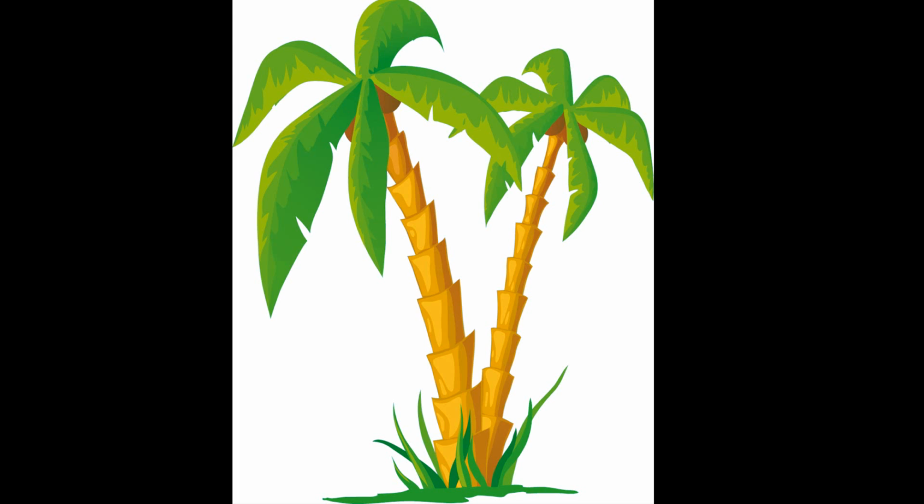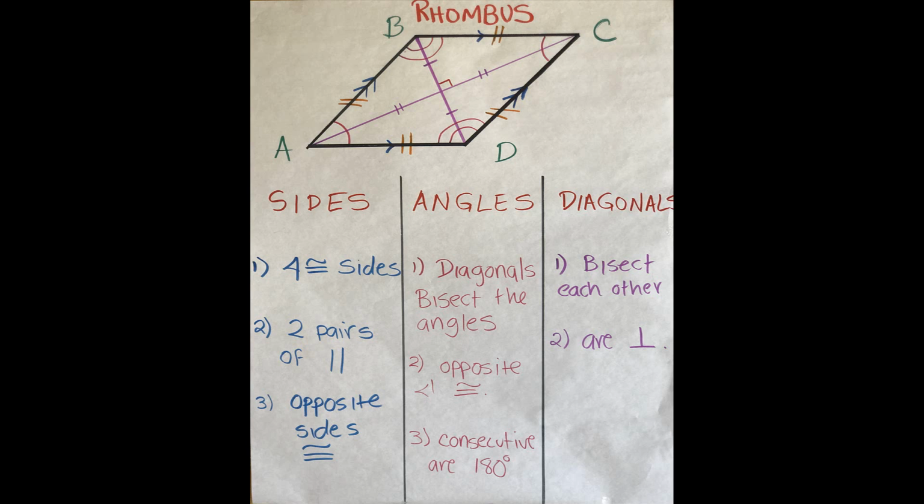The first choice says that ABCD is a rhombus. To find out if that's correct, let's go back to the properties of a rhombus. The properties of the rhombus say that it has two pairs of parallel sides. The first given information says that segment BC is parallel to segment AD, which is correct.